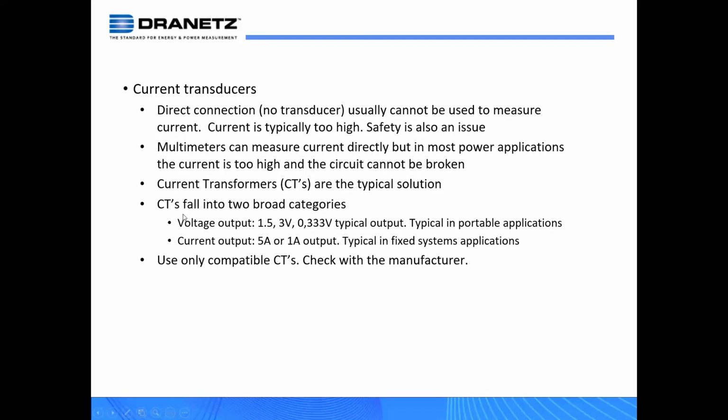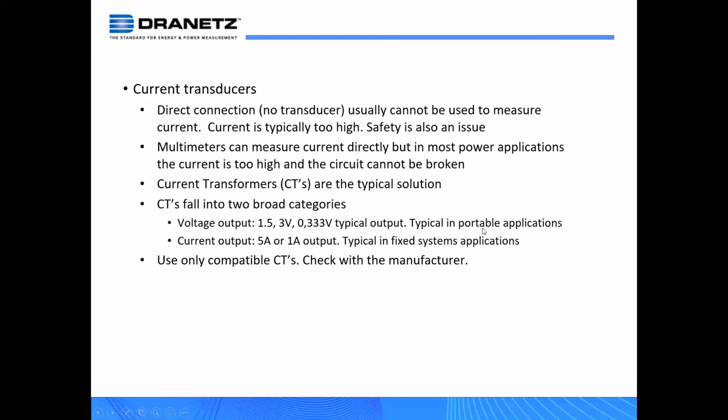If you have a current probe, again, that we sometimes categorize as a CT, we'll usually have a 1.5 volt output, a 3 volt output, and the very common 333 millivolt output. The key there, if you're using any of these current probes with any instrumentation, obviously you want to make sure the instrumentation can handle these voltage outputs from the probe.